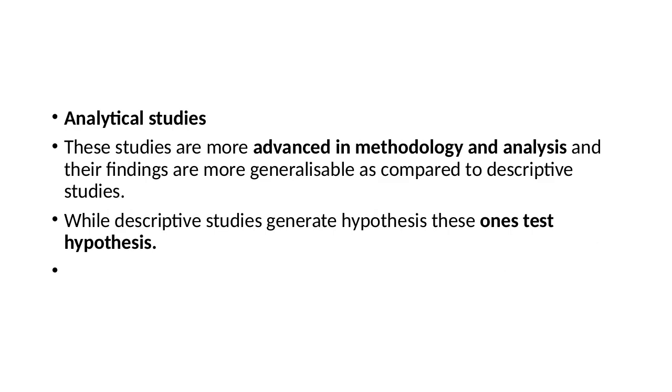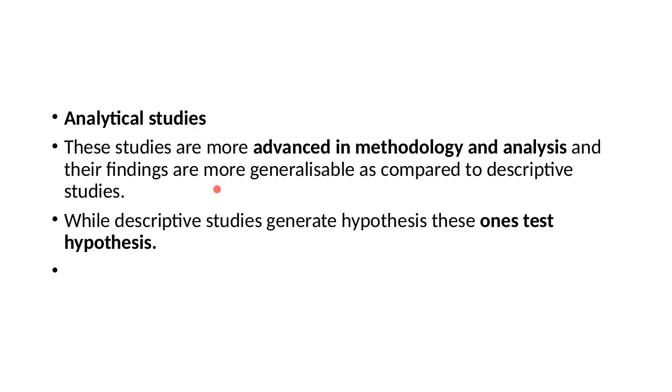So the second type of study is analytical studies, and these studies are more advanced in methodology and analysis, and their findings are more generalizable as compared to descriptive studies.